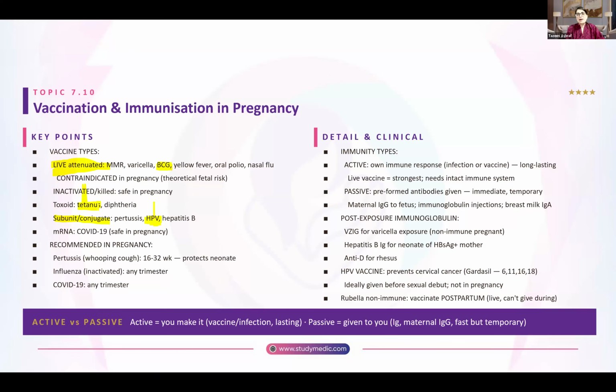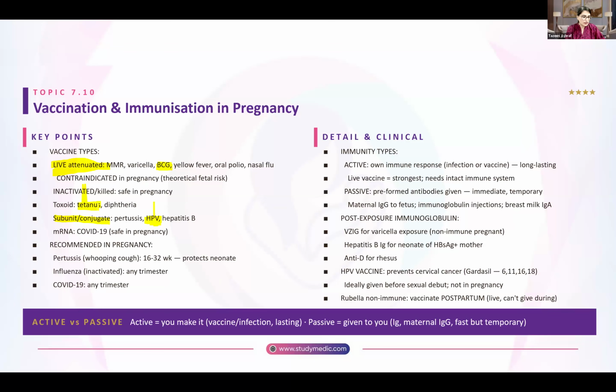Then there is passive immunity. The name indicates that there are preformed antibodies, and they provide temporary protection.